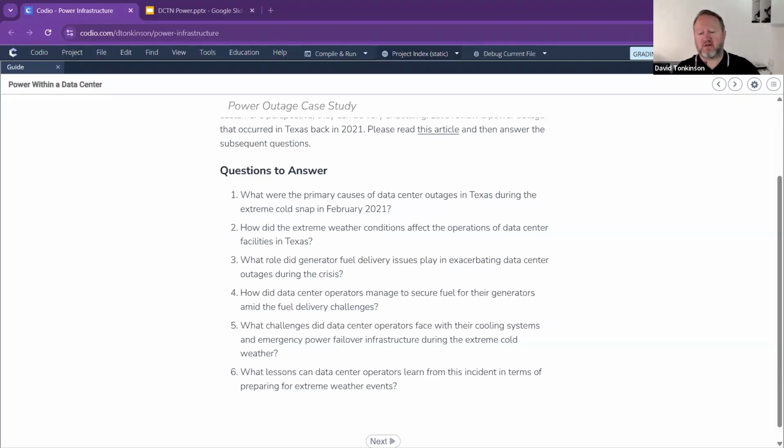Question number 5 talks about the cooling systems. How would it affect the cooling systems in there? And indeed, in Thursday's lecture, we do cover cooling systems in some detail, but have a little think about some of that and how it would affect you as well.